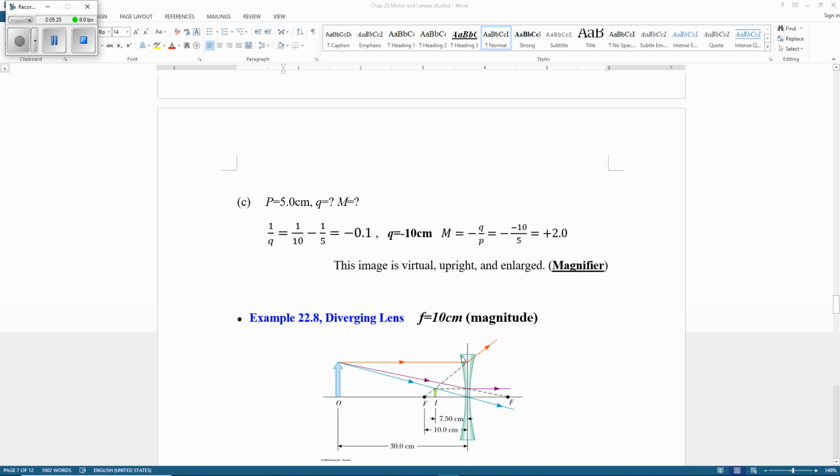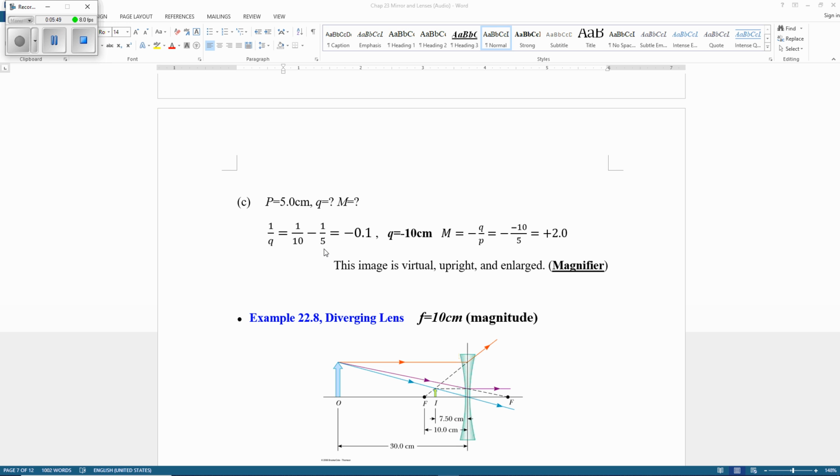So now the last one. What if P equals 5 centimeters? We want to find Q and M. We do the same thing again. 1 over Q equals 1 over F, equals 1 over 10 centimeters, minus 1 over 5.